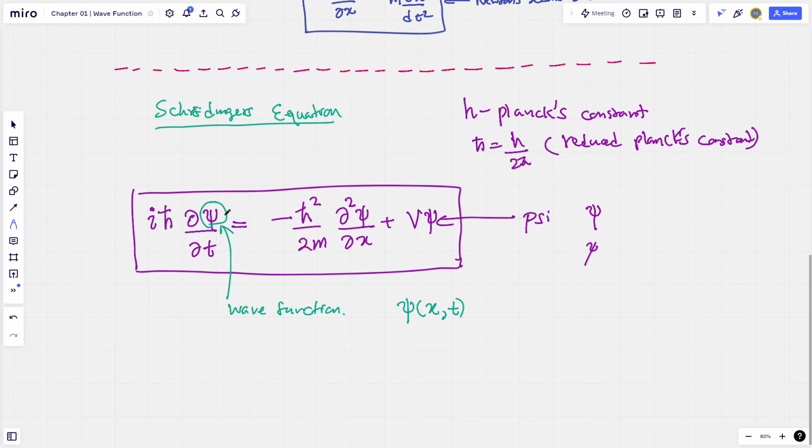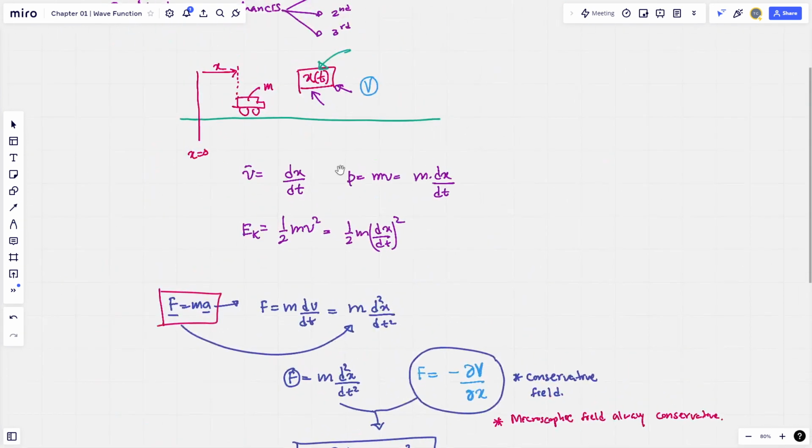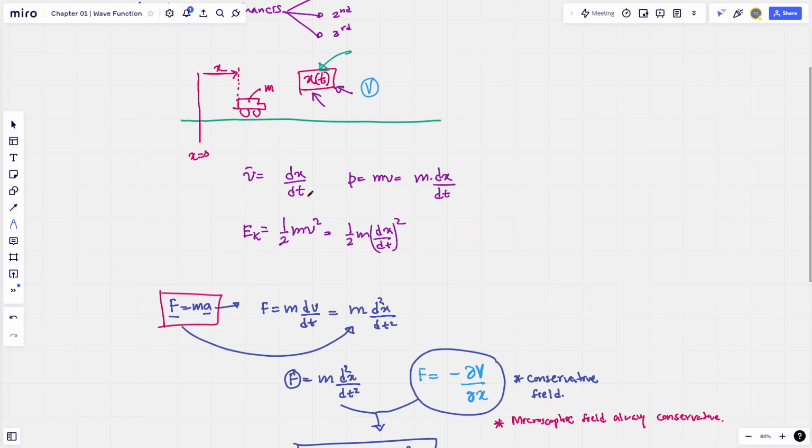So in this equation we have the capital psi. For the time being, don't worry about what this equation means or what the wave function is. It's just a way of finding properties of some particular object given the wave function, similar to the position function of a macroscopic object.